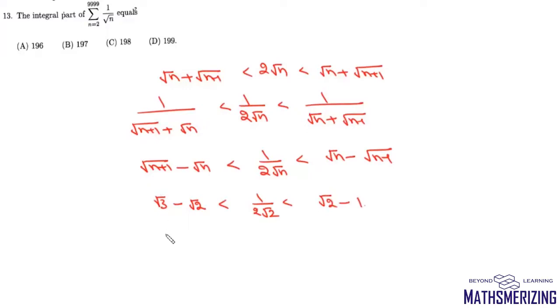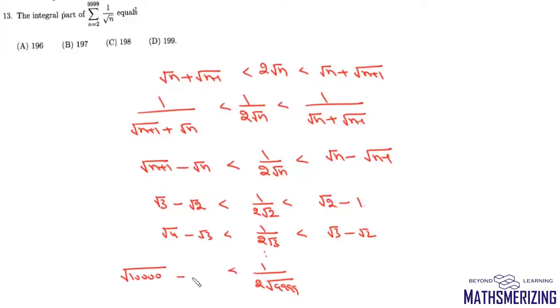Now we'll put n as 3, we'll get root 4 minus root 3, and it is less than 1 upon 2 root 3, which is less than root 3 minus root 2, and if we continue this series up to 9999, then we can write under root of 10,000 minus under root of 9999, it is less than under root of 9999 minus under root of 9998.